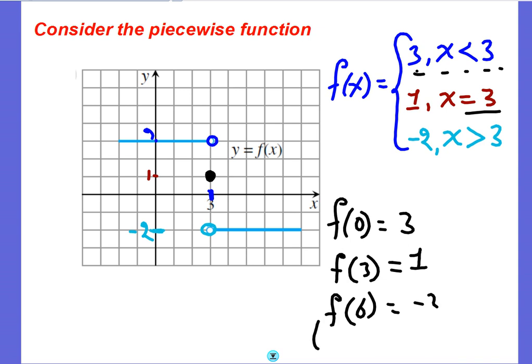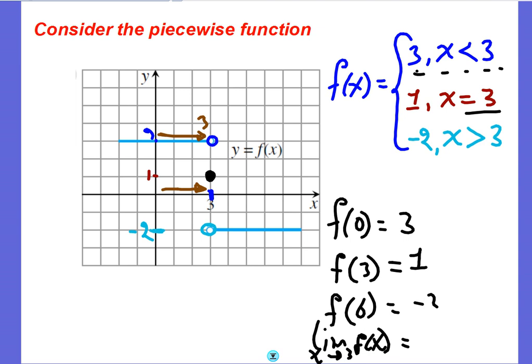What about the limit as x approaches 3 of f of x? The limit as x approaches 3 of f of x, we have to investigate from the left side. As x is approaching 3 from the left side, f of x is approaching 3.